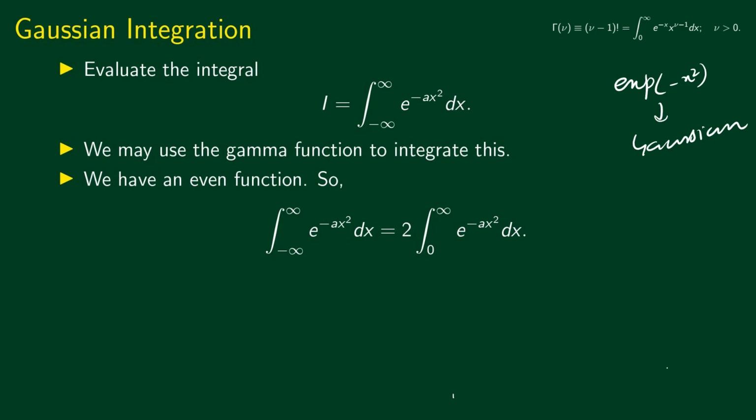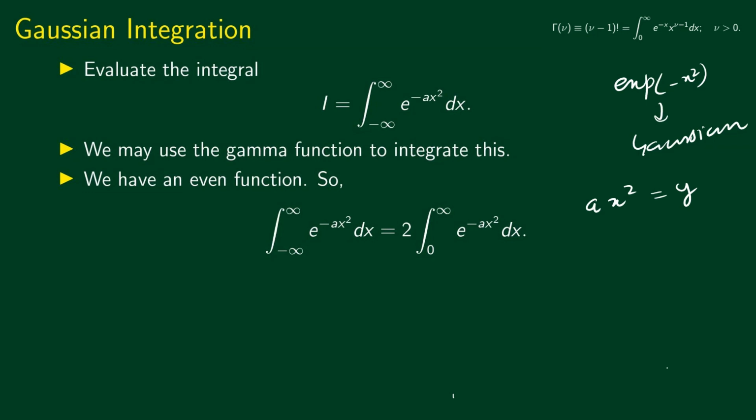Now still, we have to do something more to bring it to this form, because in the definition of the gamma function we have an e raised to minus x. We can do that by making a simple substitution. We'll say that ax square is some y. We define a new variable called y, and then we can bring it to the form of a gamma function.